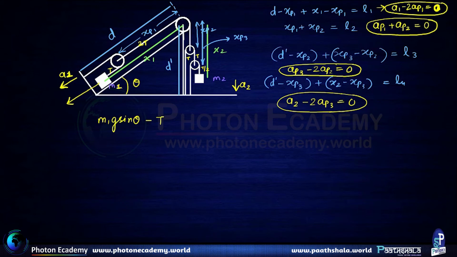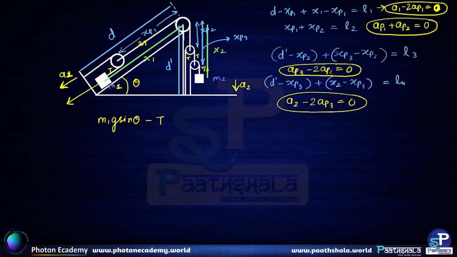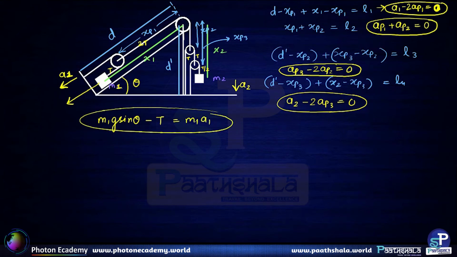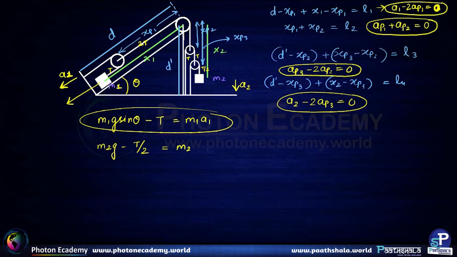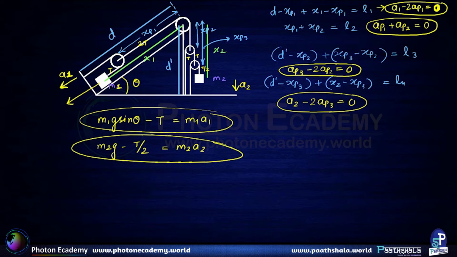Okay. So m1g sine theta minus t happens to be equal to m1a1. And for m2 we may write down m2g minus t by 2 is equal to m2a2.